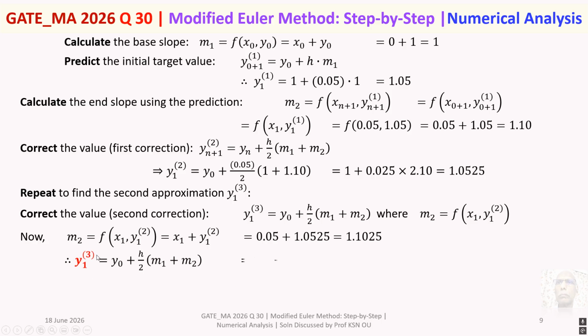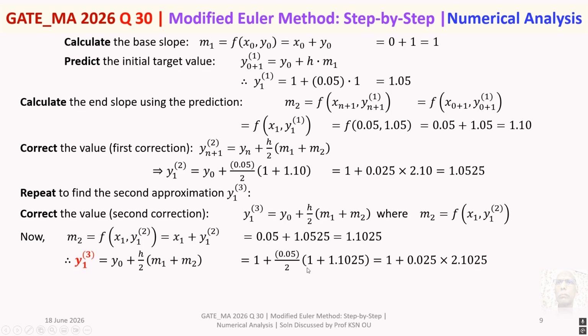And now y1 superscript 3 is y0 plus h by 2 into the average of the slopes. This is still m1 only, because n is 0 only, and the latest m2 is 1.1025.